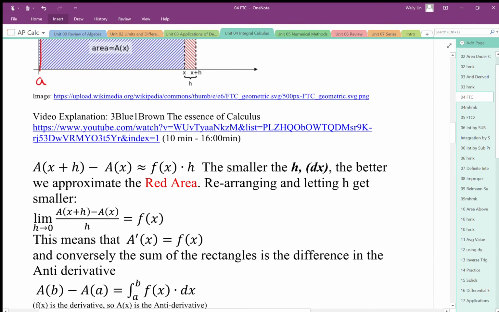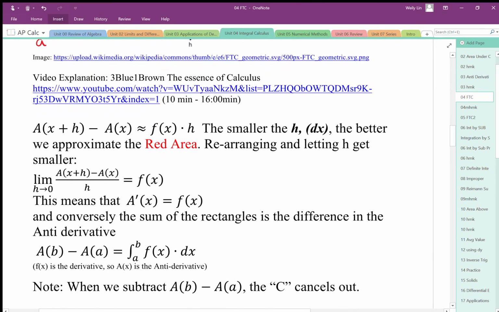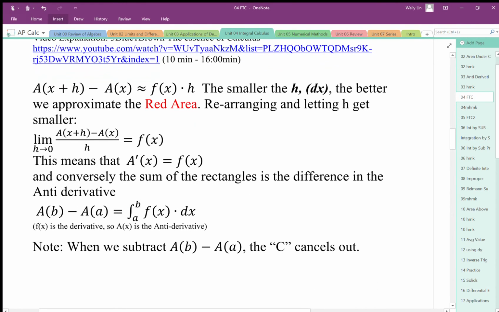That's essentially what I'm going to do when I make the h really, really small. So that means that A prime must be f of x, or the derivative of the area function. And so we can also say that the sum of the rectangles is a difference in the antiderivative. So this is the relationship between those two.